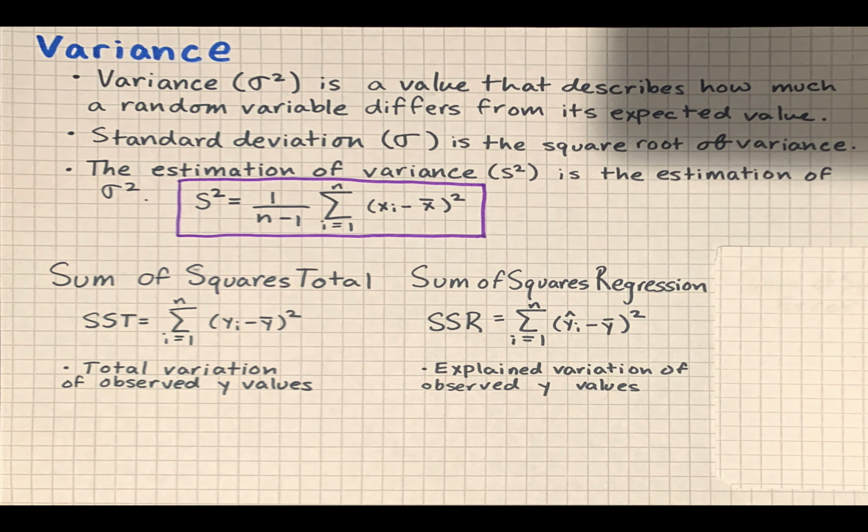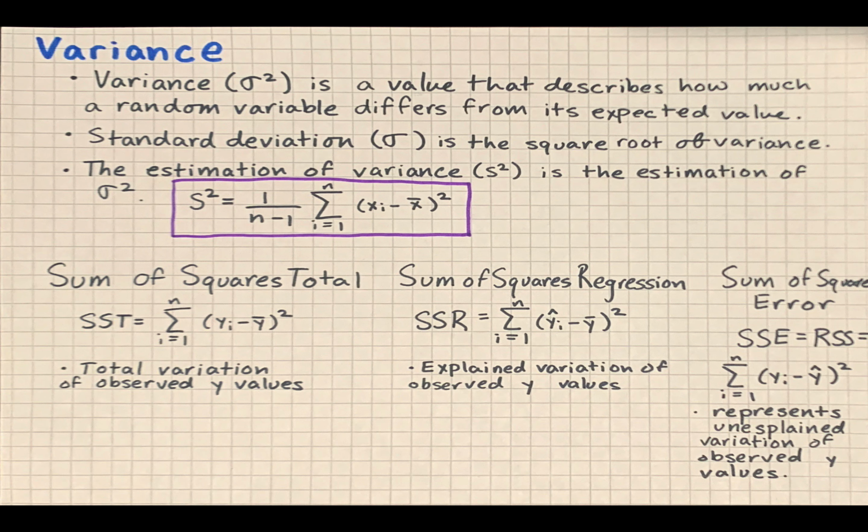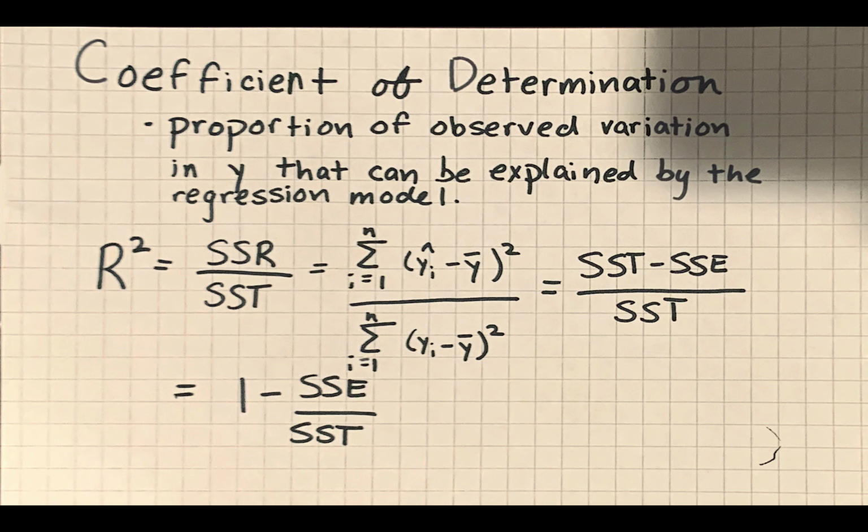The third variable is sum of squared errors, or SSE, which represents the unexplained variation of observed y values.